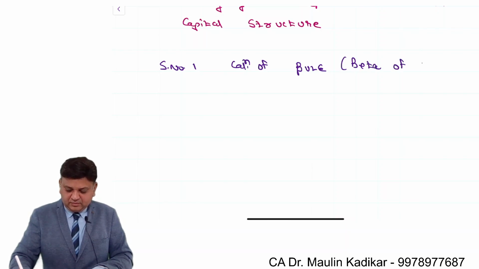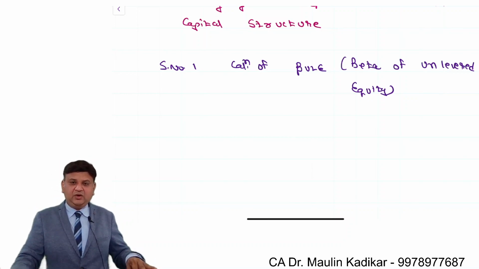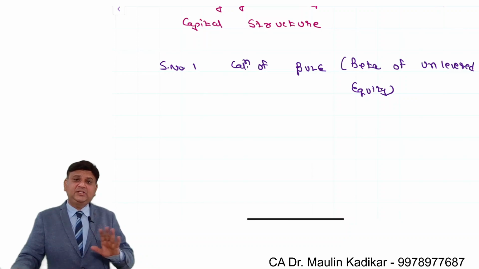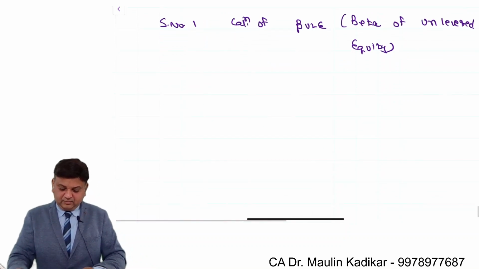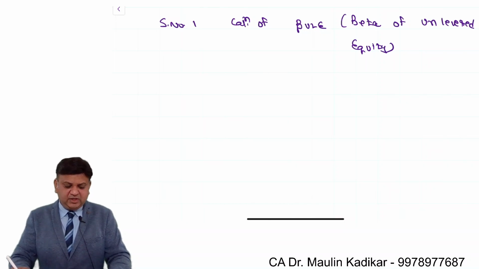Beta of unlevered equity. It means what is the beta of equity when there is no debt financing? It will be calculated like this. Let me explain to you, dear students. There are two formulas that we have.